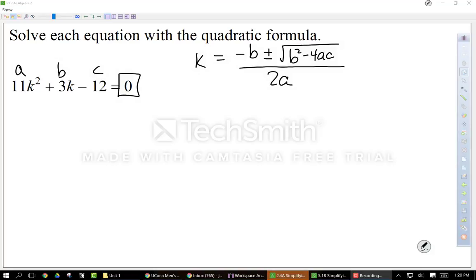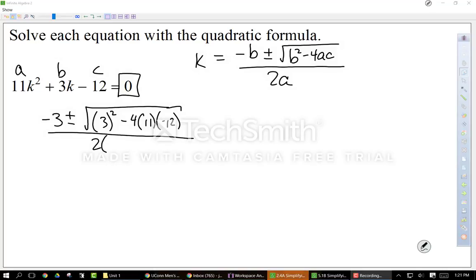Now let's substitute. Opposite of b, negative 3, plus or minus square root of 3 squared minus 4 times 11 times negative 12, divided by 2 times 11. So let's now figure out what happens. We get negative 3 plus or minus the square root of 9 positive 528.